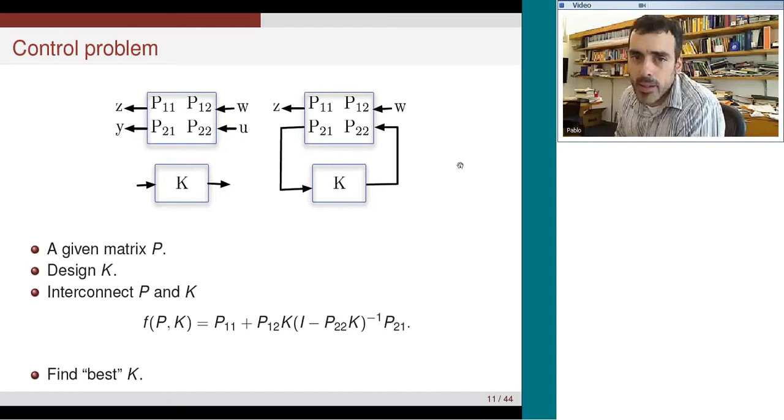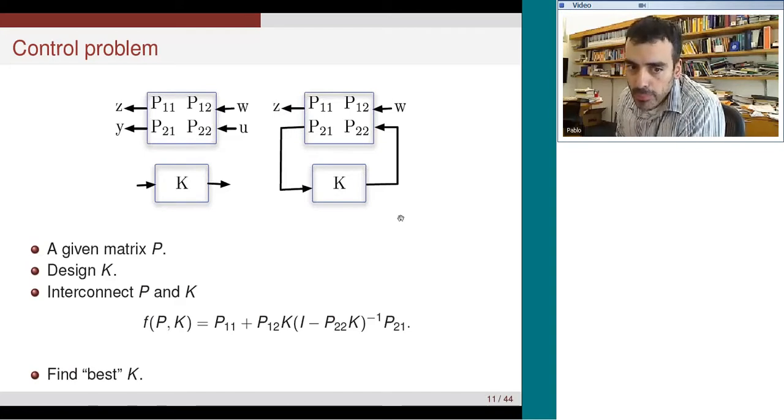Typically, one puts some kind of induced norm constraint on this transfer function. I'm actually going to consider a particular case, which I'll tell you about in a second. But this is really what a control problem is about: P is given, and I'm trying to find K in such a way that this interconnection has a small norm.